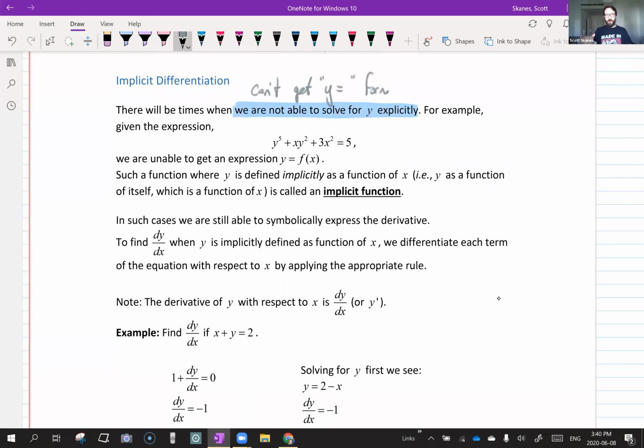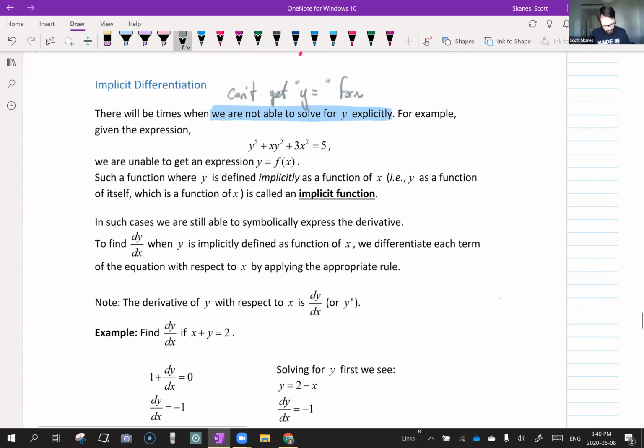So normally it's like y equals 5x or something. In this case, the x is all mixed up. Look at this. We have y to the power of 5. We have y squared. We cannot solve this for y because we don't know how to get it on its own, isolated on the side of the page. And so when we have these cases, we need to do what's called an implicit differentiation.